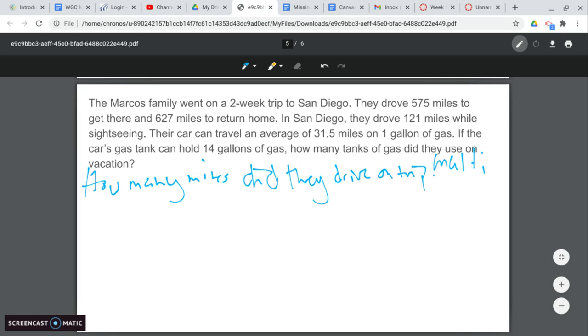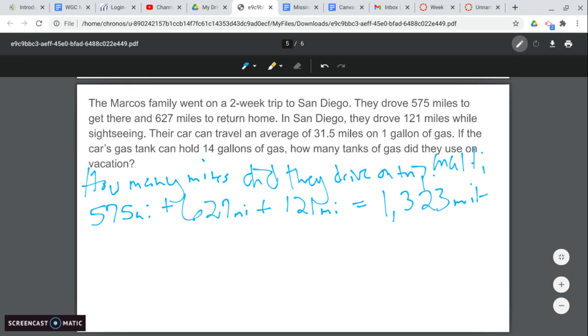Well, it tells us there was the 575 miles to get there, plus the 627 miles to return home, plus the 121 miles while they were in San Diego. So we add all those together and we end up with 1,323 miles. So that's the total amount of miles on this trip.